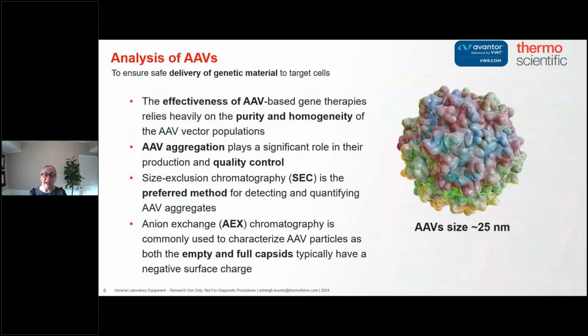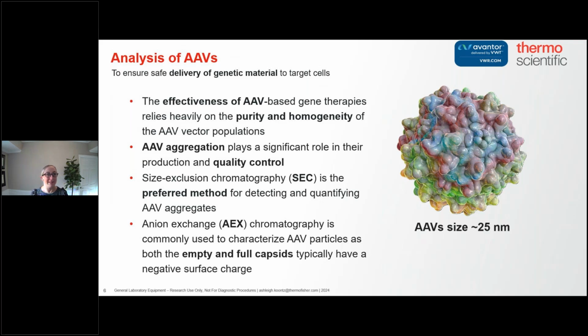And so when you look at the genetic delivery of this material, you want to make sure that it's safe, obviously, but when it comes to the effectiveness, that's really going to be demonstrated by purity and the homogeneity of the AAV vectors. So aggregation is also going to play a significant role here as you think about transportation of these types of medicines.